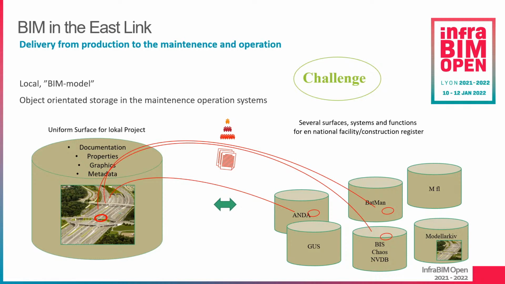Because when you have the coordinated structure and use the coding systems, it is much easier to deliver from this uniform surface for local projects, where you have documentation, properties, graphics, and metadata, to all these different systems and functions which you have at the other end where the maintenance operation system is.